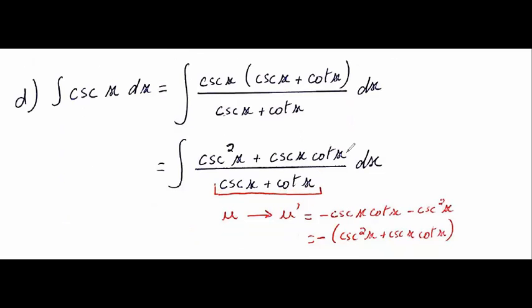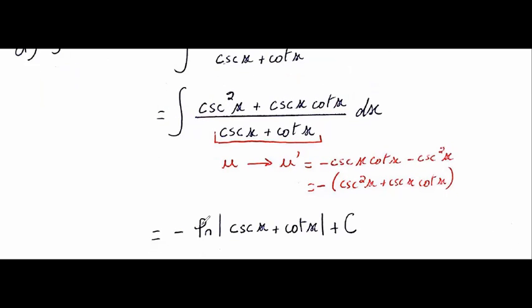So I need a minus sign here. If I put a negative sign inside the integral, I should put a negative sign outside the integral. And so I get u prime. So now I have minus the integral of u prime over u, which is minus ln absolute value of u. So it's minus ln absolute value of cosecant x plus cotangent x plus a constant c.